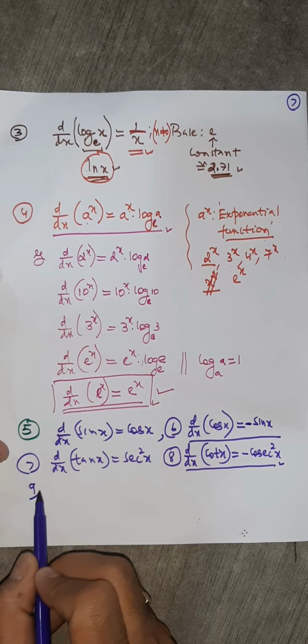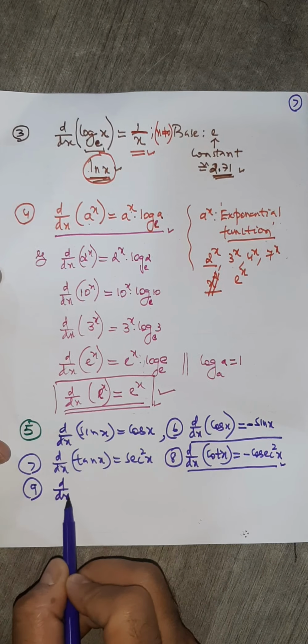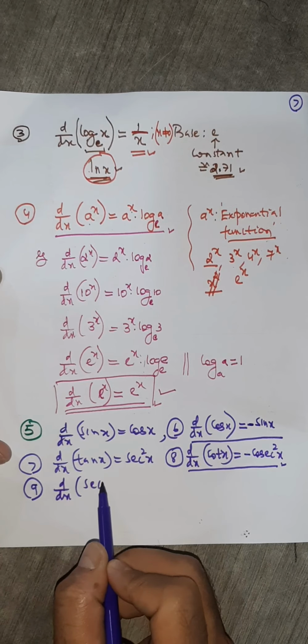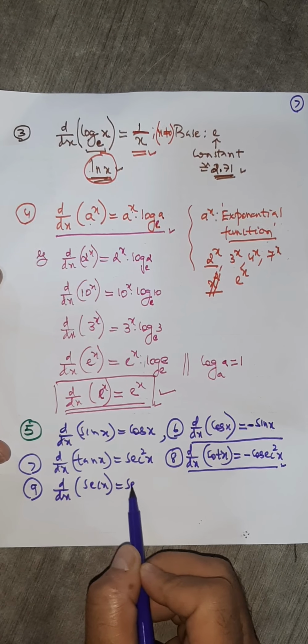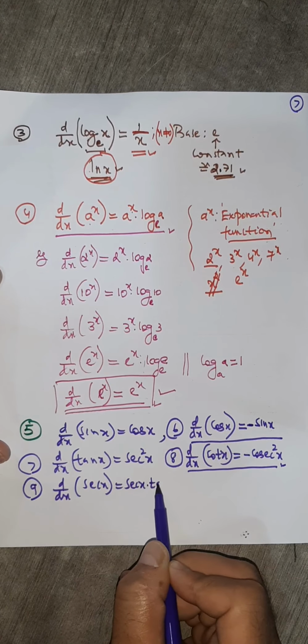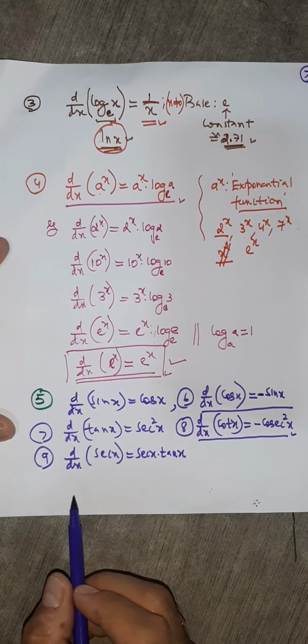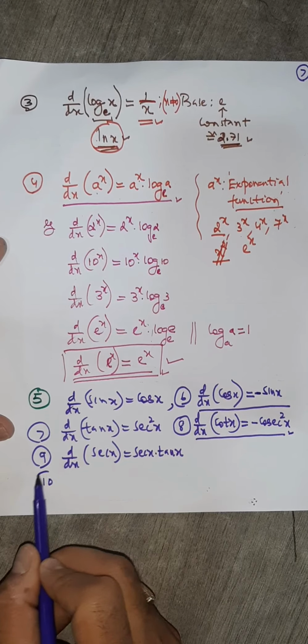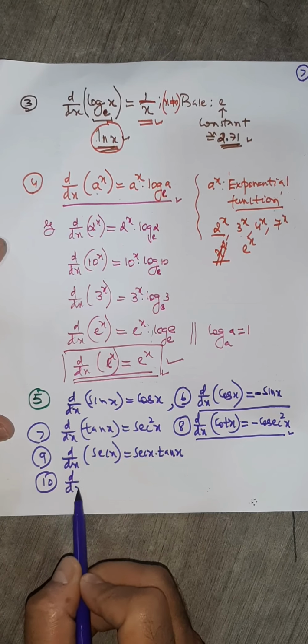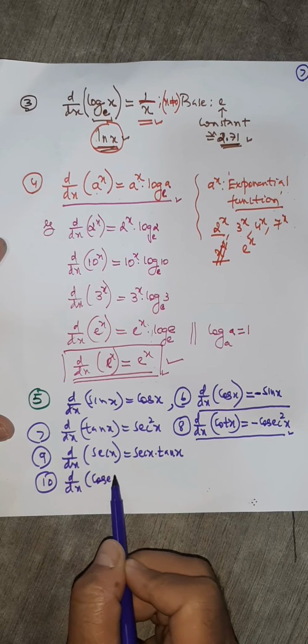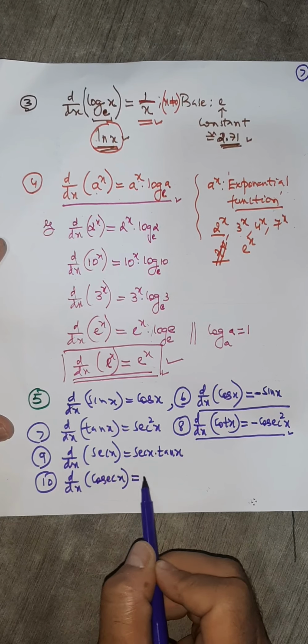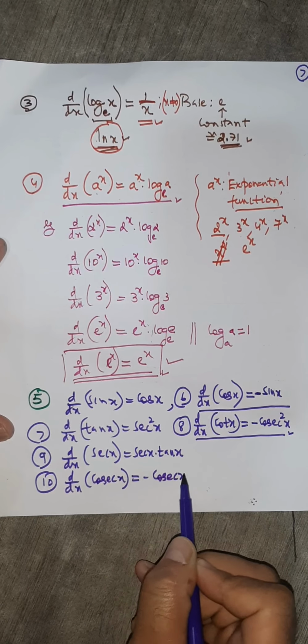Then ninth, d by dx of sec x, which can be derived, is sec x into tan x. And one more, the derivative of cosec x is minus cosec into cot.